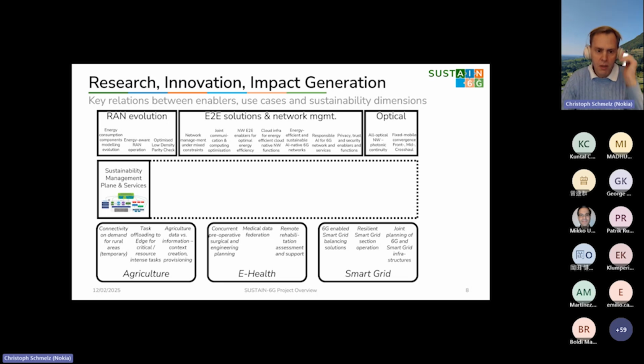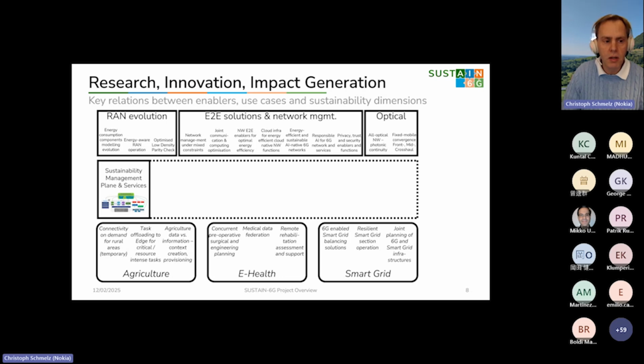Now, as mentioned, you need to look at it from an end-to-end perspective as a whole system. So the question is, how do we solve the challenge of exchanging data between the different stakeholders in the system? Yes, this is almost the last slide. How do we solve the issue of connecting these stakeholders?